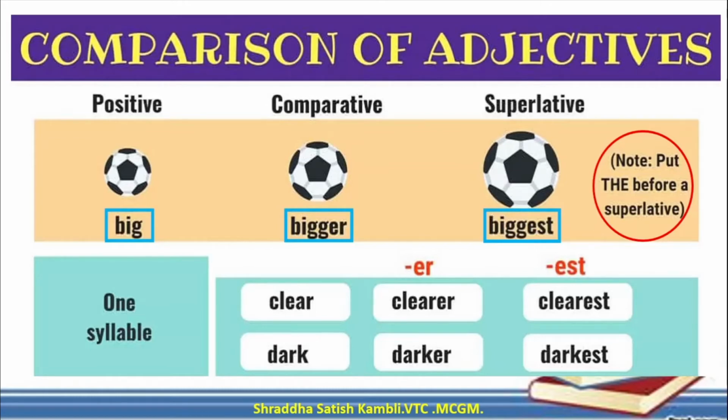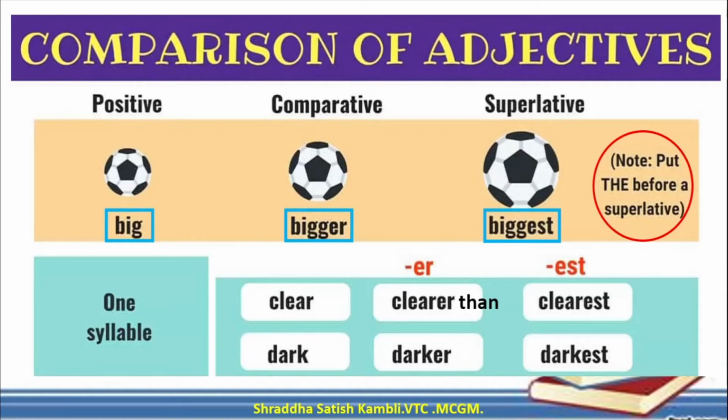Alright? Now when we take these examples, I will tell you one more important point. When you write these words in sentences, in the positive degree, you say clear. In the comparative degree, you will always use the word than after the adjective. So you will say clearer than. Always, when you're using the comparative degree in a sentence, you will always write clearer than.